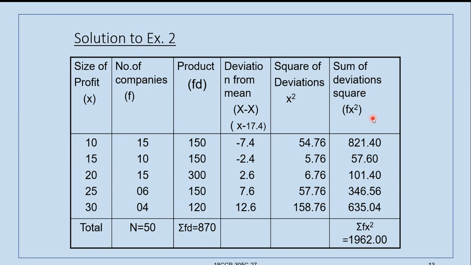In the table, in the first column, we are taking X values, in the second column, we are taking frequency, and in the third column, we are taking fx. It is the capital X series, that is 10, 15, 20, 25, 30.